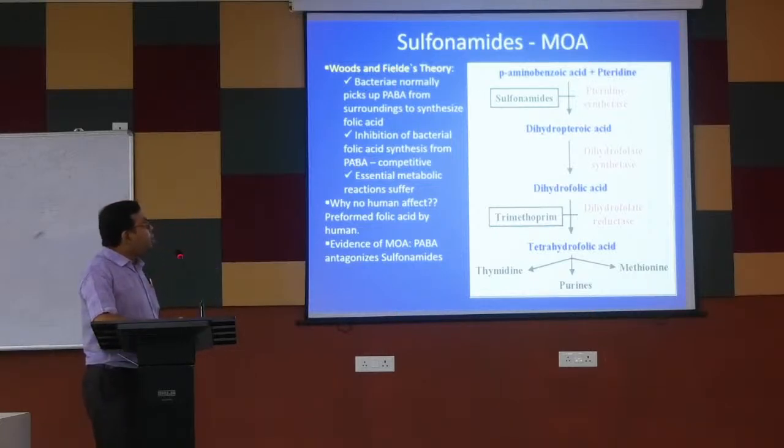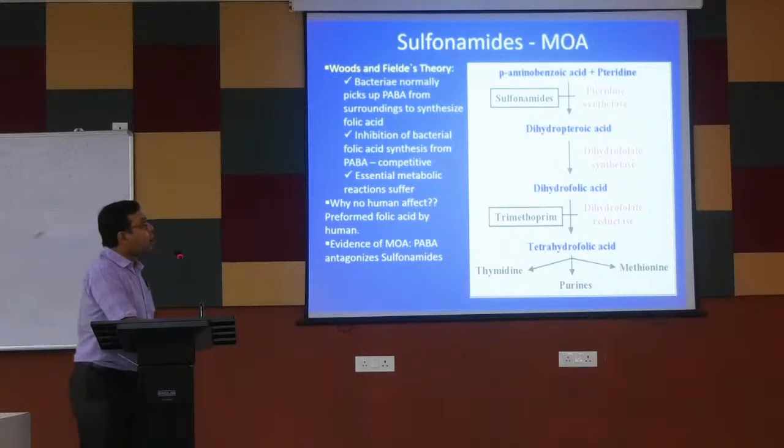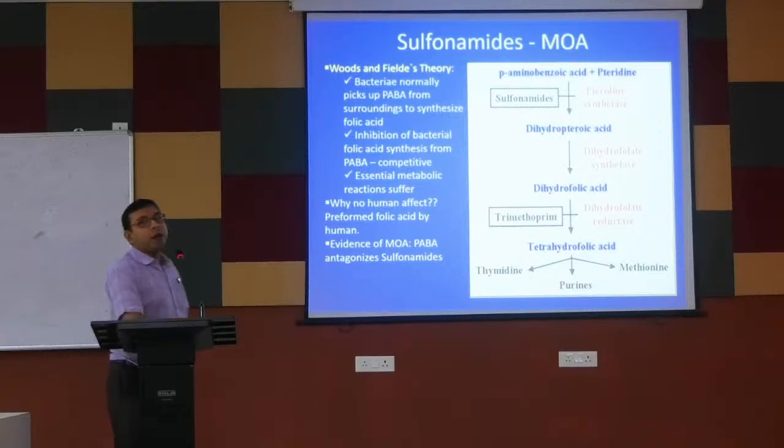Inhibition of bacterial folic acid synthesis from PABA is competitive, and this happens with the sulfonamide. This is an essential metabolic reaction. You can see para-aminobenzoic acid plus pteridine is converted by means of dihydropteroate synthase to dihydropteroic acid, and this can be blocked by the sulfonamides.